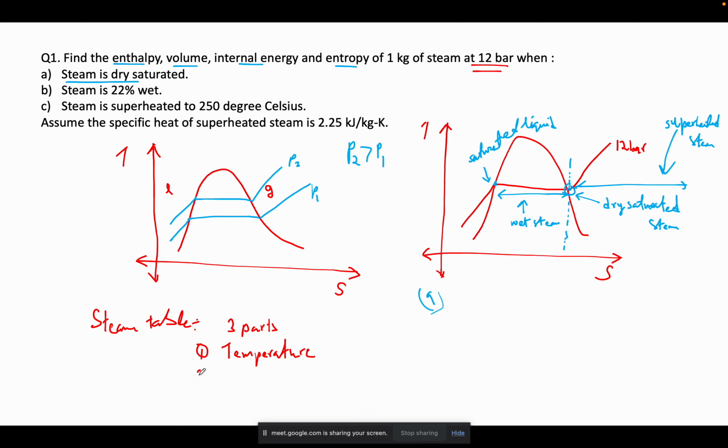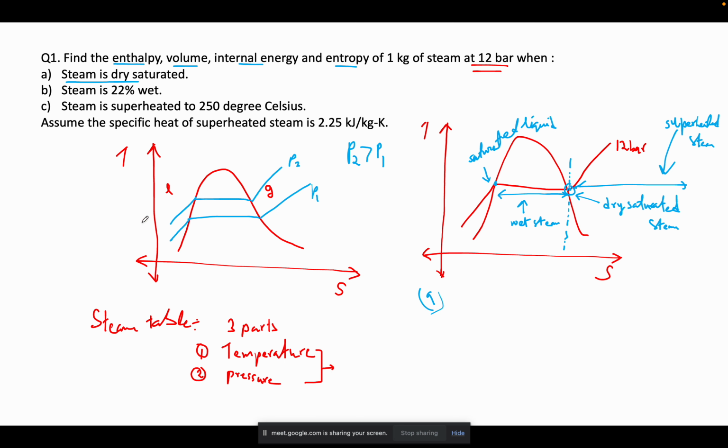Okay, in the second part pressure values will be given, and corresponding to those pressure values you have to find the saturation temperature value, the entropy values, the enthalpy, the specific volume, internal energy, and so on. But remember, these two are almost the same.